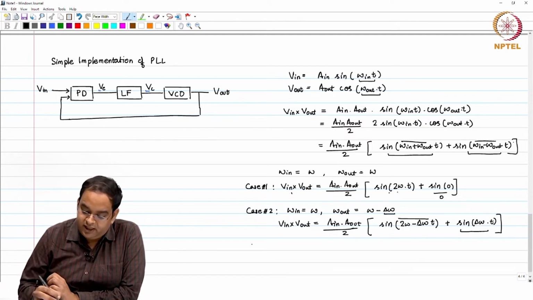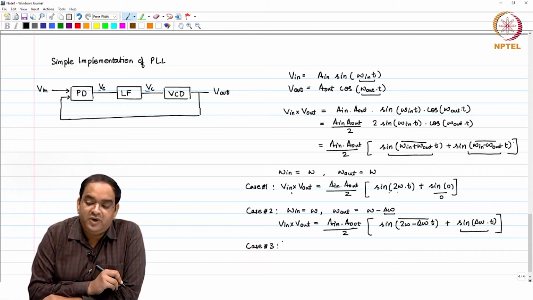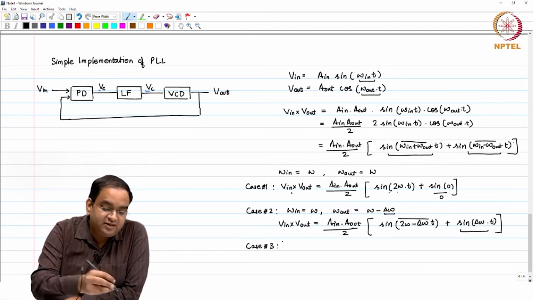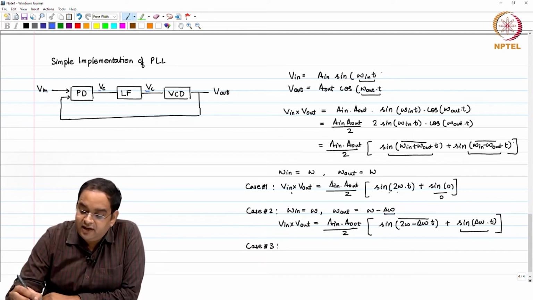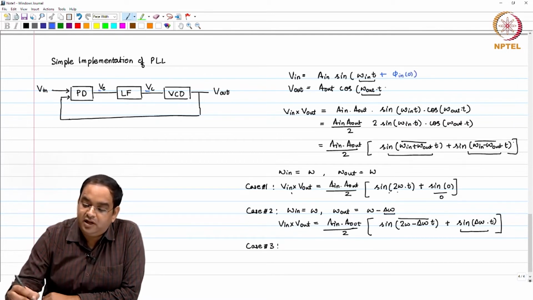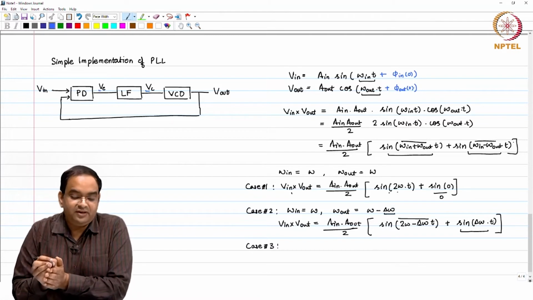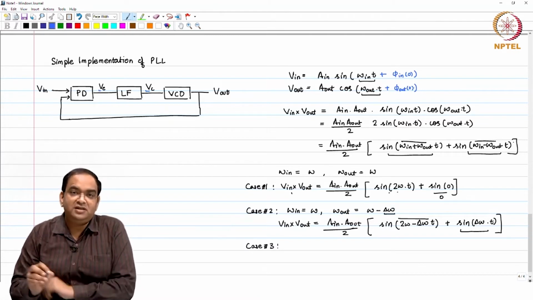In another case, we do not have any frequency error, but we have phase error. What does that mean? It means that I have omega in t, which is the integrated part, plus let us say I have phi in of 0 and this is phi out of 0. To begin with, there are two sine waves, and you can think they are shifted by some phase.